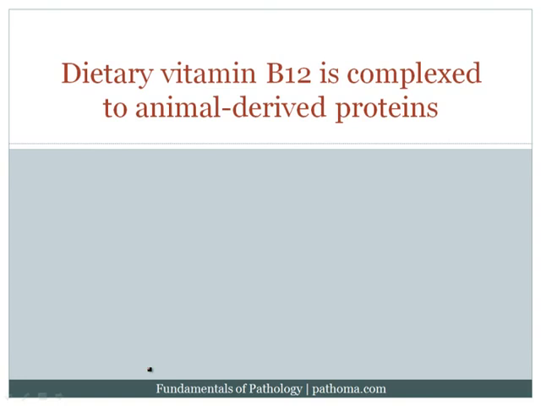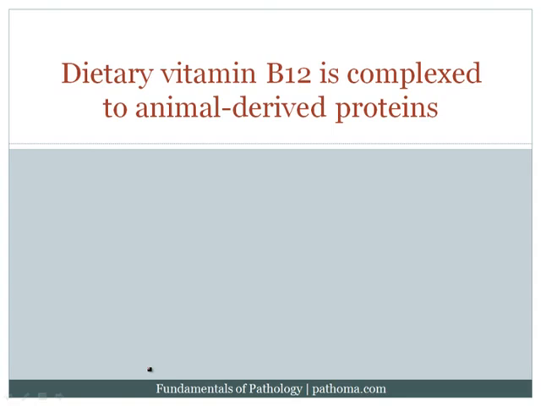So let's discuss a little bit of the biochemistry of vitamin B12 in order to gain a better understanding of how a patient can become vitamin B12 deficient and hence develop a megaloblastic anemia. Vitamin B12 is complexed to animal-derived proteins, for example, meat or eggs, and it comes into the body attached to those animal-derived proteins.